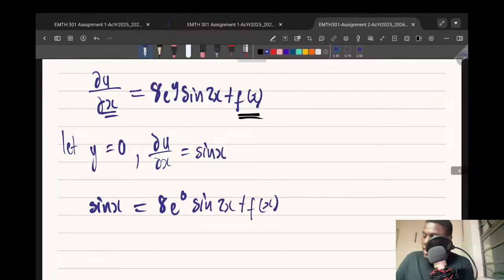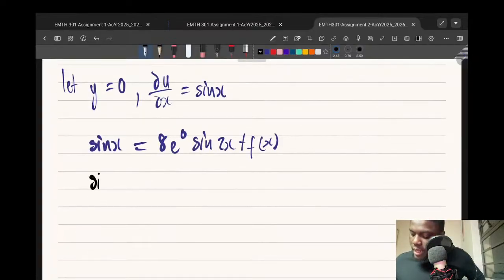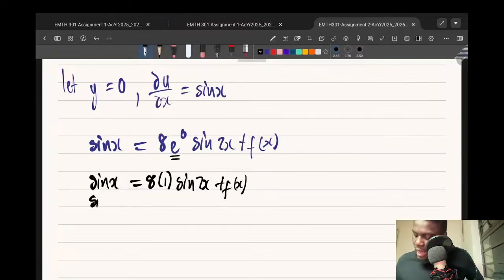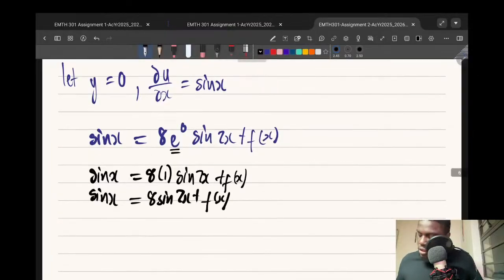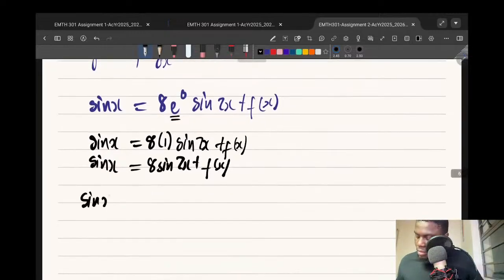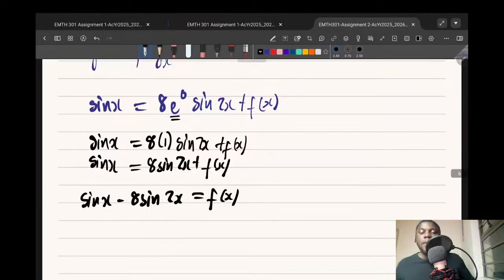Any number to the power of 0 is 1, so e to the 0 is 1. I can say sine x is equal to 8 sine 2x plus f of x. Now take it to the other side: sine x minus 8 sine 2x is equal to f of x. There we go, this is our f of x.